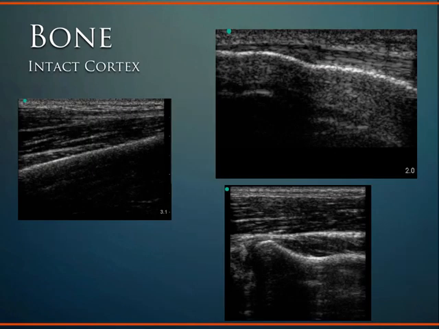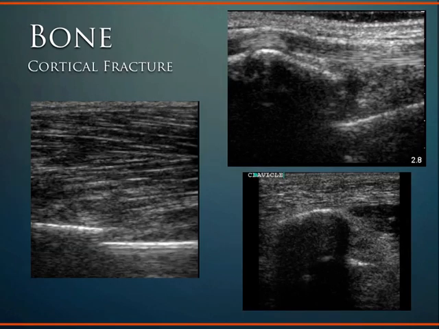So as we run through the normal anatomy for bone, an intact cortex is that very thick hyperechoic line through here, this bony architecture overlying subcutaneous and muscle tissue. Here is bony cortex through here, bony cortex through here, and when you get a good sense of what that looks like, and then you look at fractures and pathology, it becomes quite obvious where you have that discontinuity, what people refer to as step off.